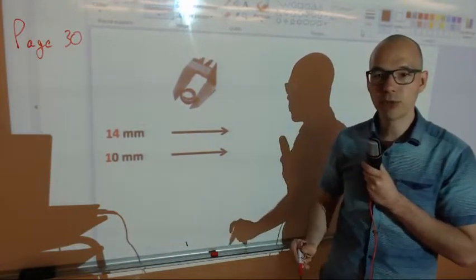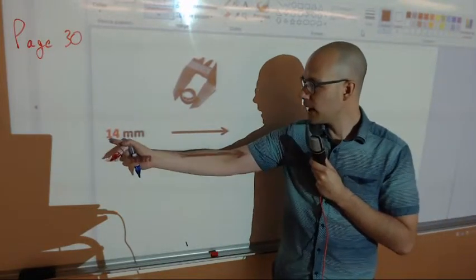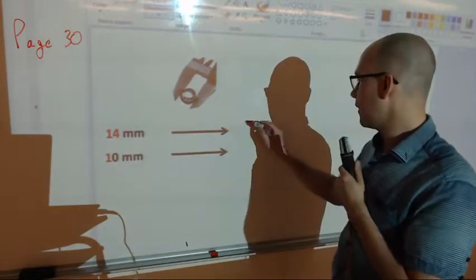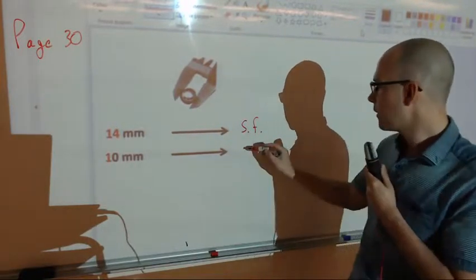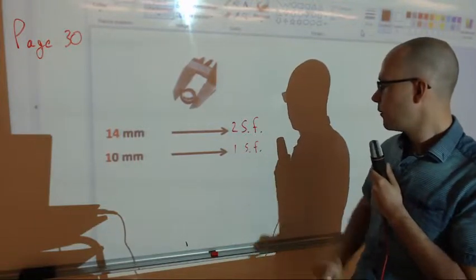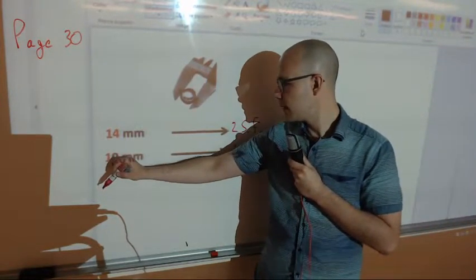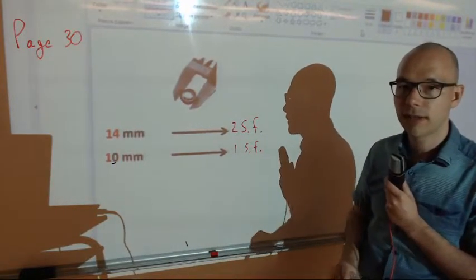But if we use the rule now for significant digits, well, this one has 2 sig figs, and this one only has 1 sig fig, because we saw the rule where zeros to the right of a non-decimal number are not significant.